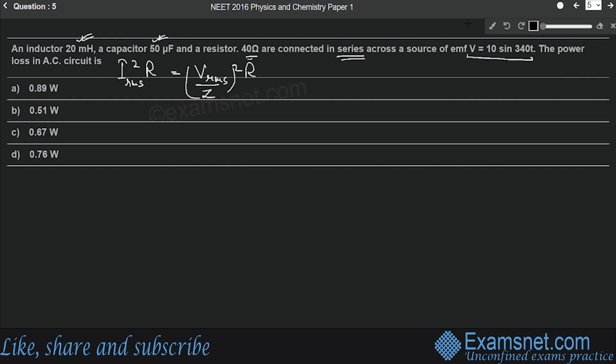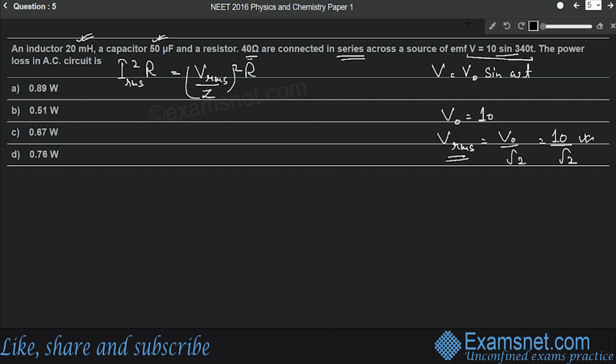See, here EMF is given as 10 sin 340t, and we know that the standard form of EMF is V equals V naught sin omega t. So if we compare these two equations, we can say that the value of V naught is 10. So what will be the value of V RMS? It is equal to V naught by root 2, that is 10 by root 2.